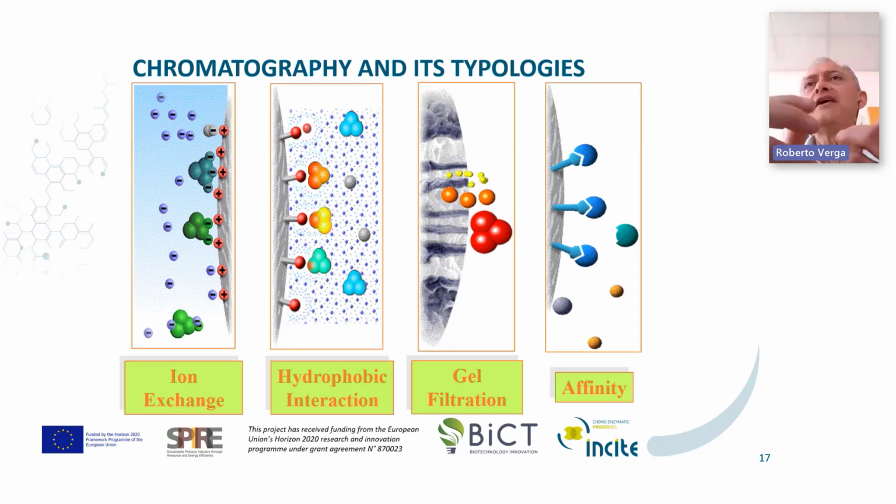In some cases, I can use on the surface the metallic ion for the interaction with this his tag, and I can separate my proteins with his tag from the others. So, summarizing, I've got a lot of possibilities, but I have to decide what the target is. Is chromatography necessary or not necessary?